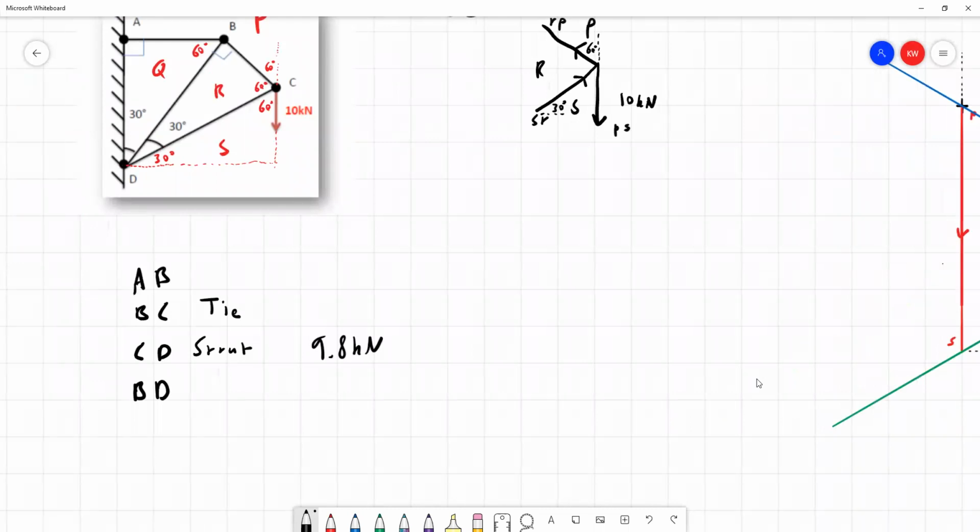So if you're measuring this on a 1 centimetre to 1 kilonewton scale, it'd be 9.9 centimetres, indicating we have 9.9 kilonewtons. And it makes sense to go with the answers from the notes here because we just cannot get the same level of accuracy, even though we can demonstrate the method on the whiteboard.